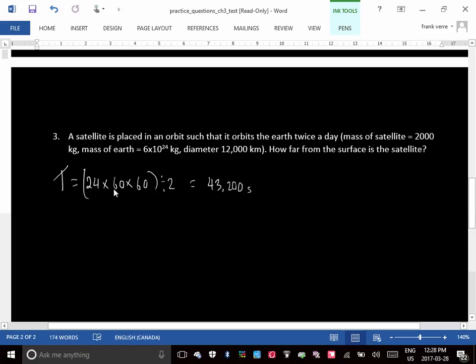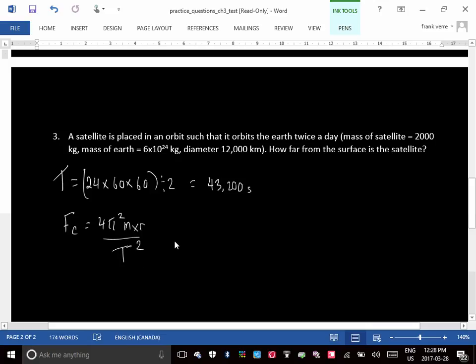Alright. How far from the surface should the satellite be if we want that period? What's the equation we could use when we have the period? Over t squared?